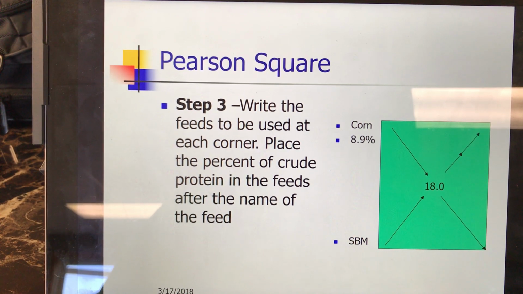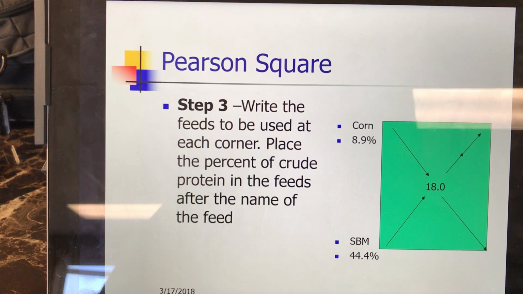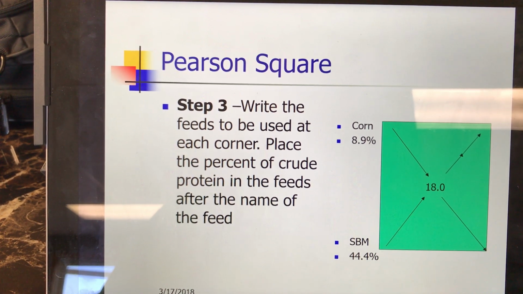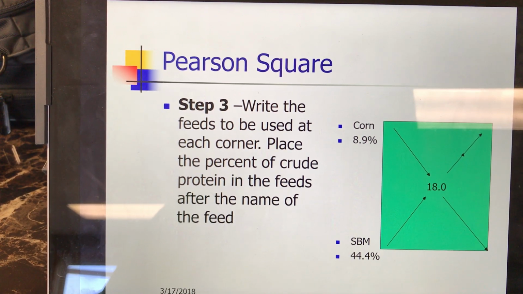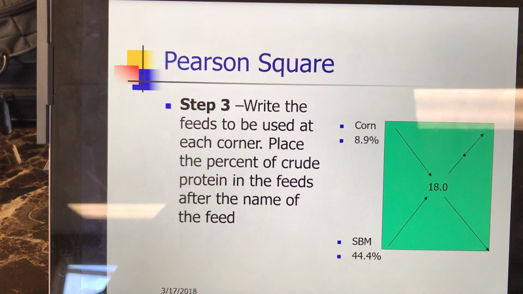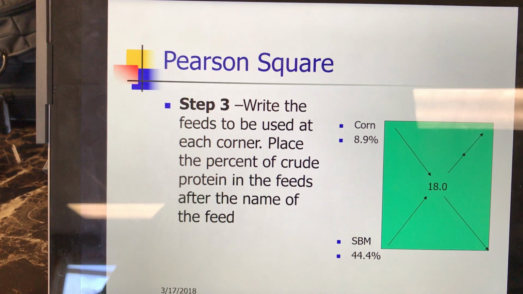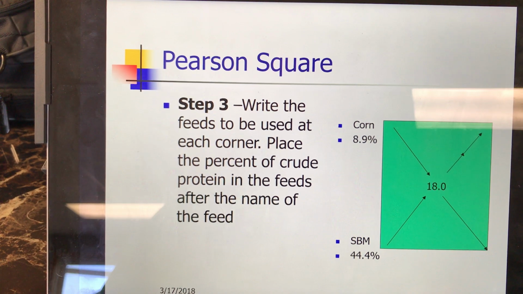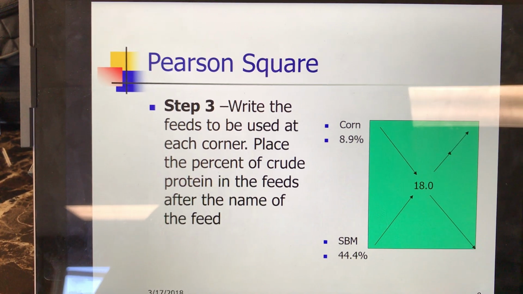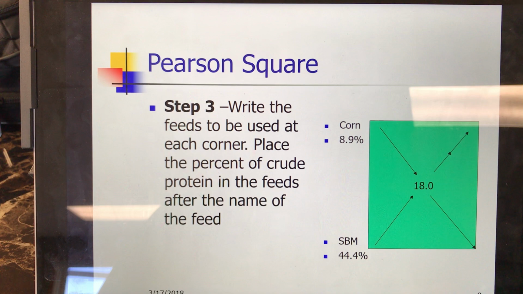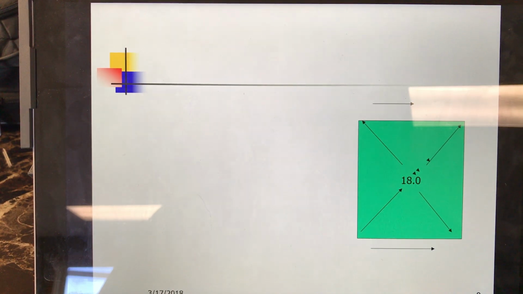And soybean meal, or SBM, was 44.4% crude protein. So we're going to put that in the bottom left-hand corner. Okay, so that is step 3, just writing those crude protein percentages in each corner, along with that 18% in the center.